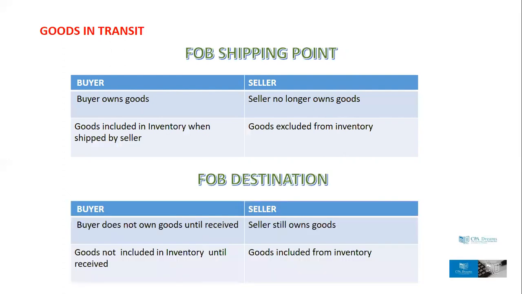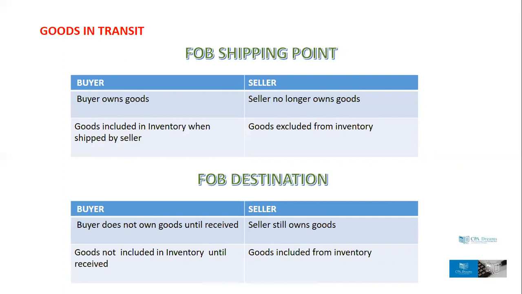Now, in terms of FOB destination, the buyer does not own the goods until received, and seller still owns the goods. Kahit in transit yan, nasa third-party logistics or naglalakad pa lang yan para sa'yo yung magdi-deliver, that means ang may-ari pa rin ay ang seller. Ang buyer will have the title only until it is received. So that means ang buyer, the goods are not included in his inventory yet.